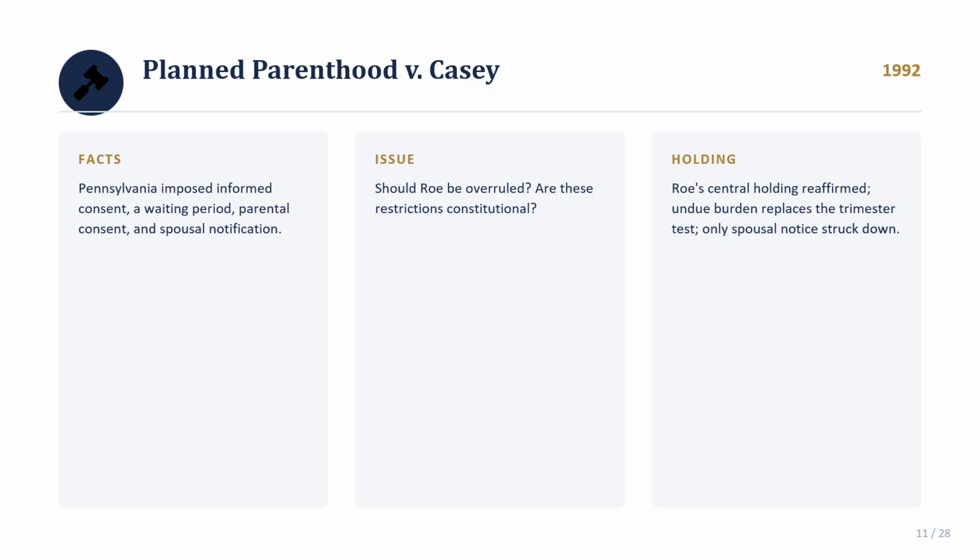But it discarded the trimester framework as the specific mechanism for protecting that right, replacing it with the single standard that's applicable throughout the pre-viability period, which was the undue burden test. Okay, and we're going to talk about that, so don't worry about that.